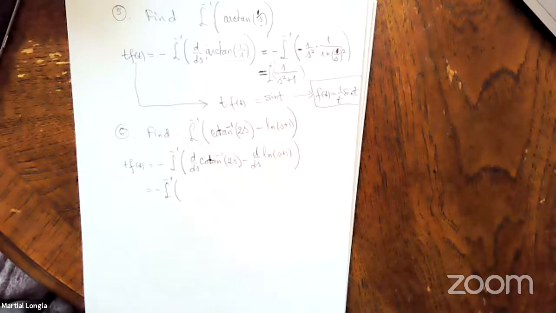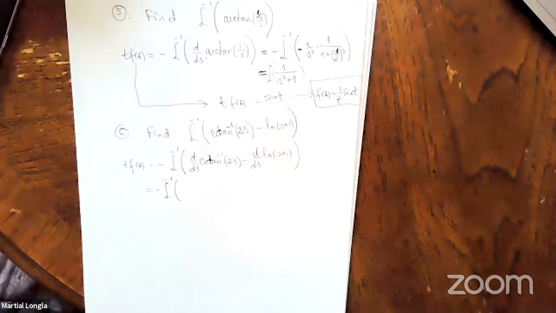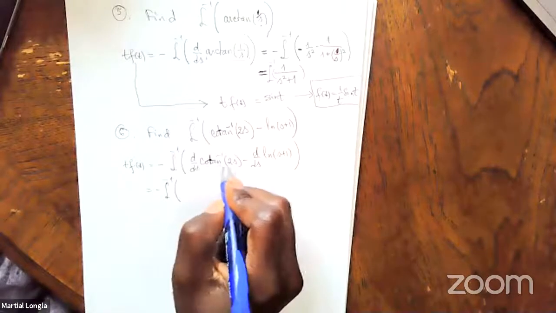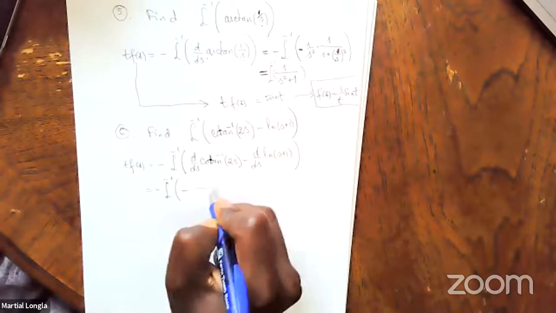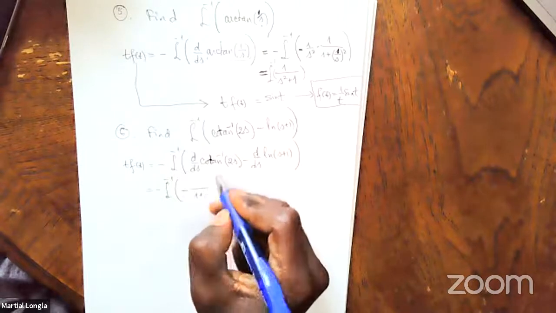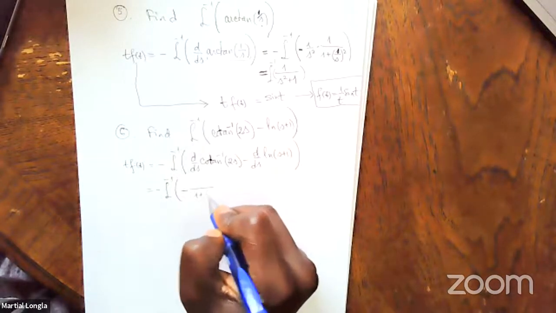Anyone wants to help? Ethan? I just have the cheat of it memorized, where the derivative of arc cotangent x is, I believe, 1 over 1 plus x squared. No, that's for tangent minus 1. Isn't it negative? So the derivative of cotangent is going to be negative. And here it's 2s.